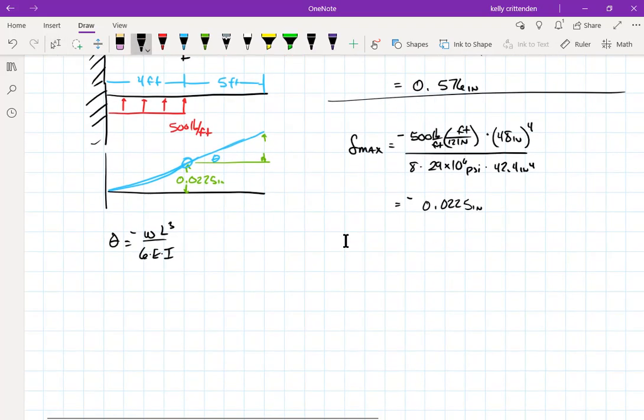So W, 500 pounds per foot. I'm going to convert it over. 1 foot has 12 inches. L is only the 4 feet, or 48 inches, because I want to calculate the slope at the end of the 4 foot section.